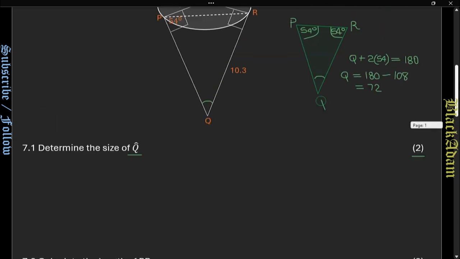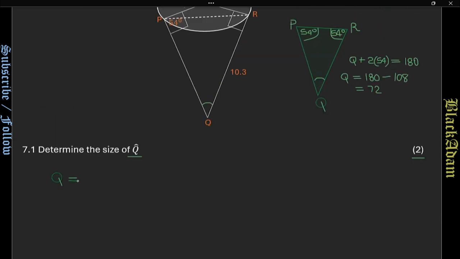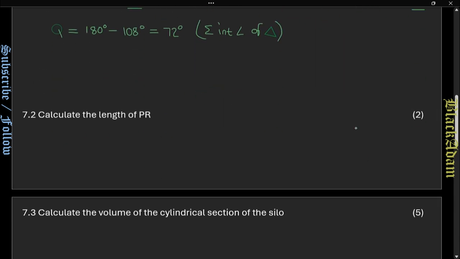So that's our Q. The reason is the sum of interior angles of a triangle. So we get 2 marks there.